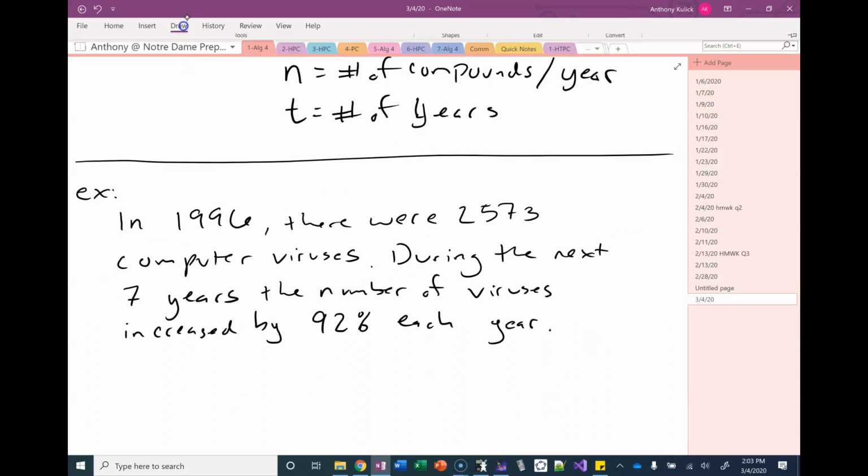So our situation that we're going to work with is, in 1996, there were 2,573 computer viruses. During the next 7 years, the number of viruses increased by 92% each year. So I'm going to ask a series of questions about this situation.